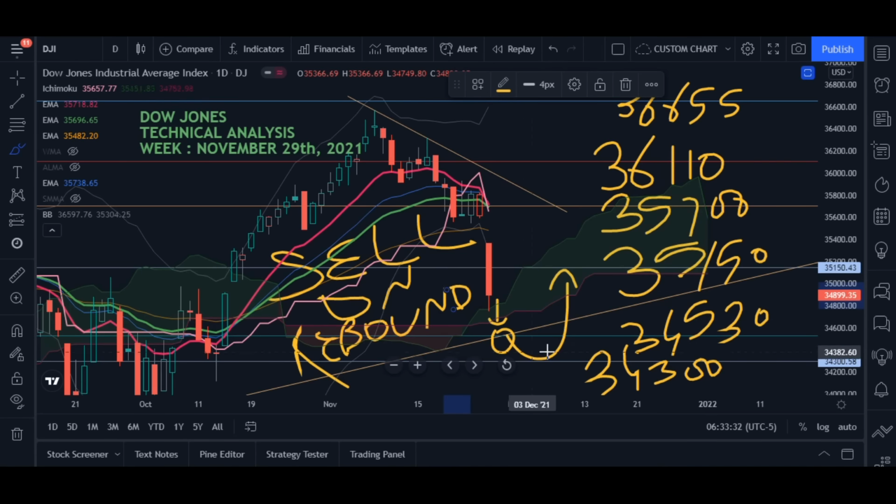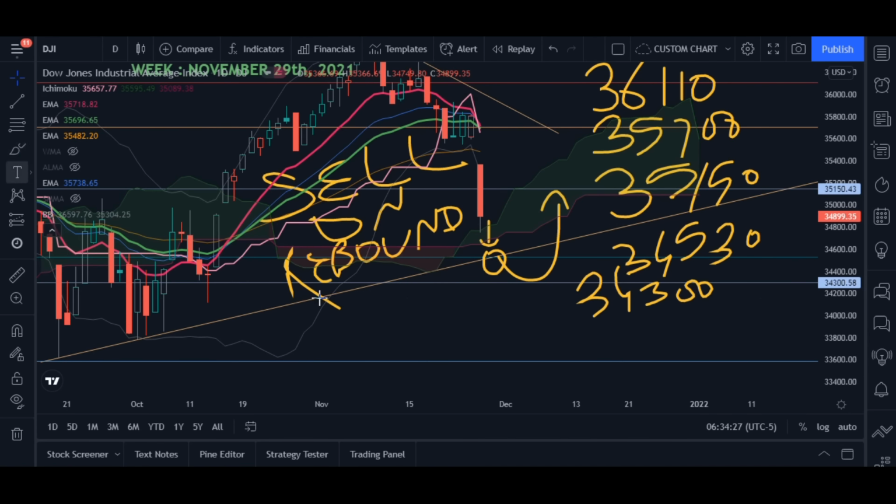So let the market come, then let the market retrace, let the market form a lower high. Whenever the market forms a lower high, on that lower high you are going to sell. So this is what you are going to do. You are going to sell on rebound. Now what is rebound? Rebound actually means the lower high. It is LH, lower high.